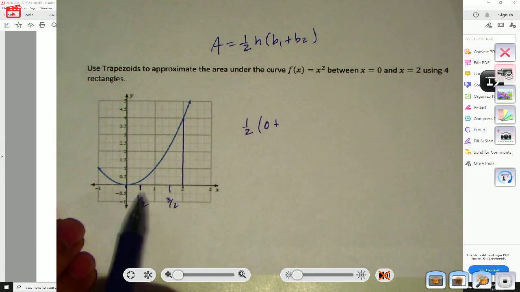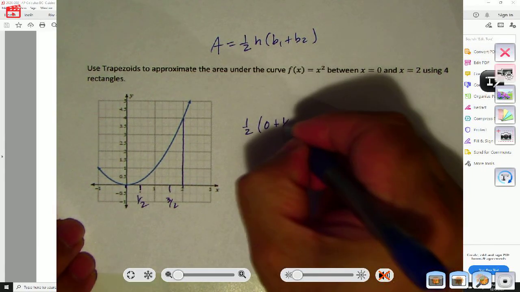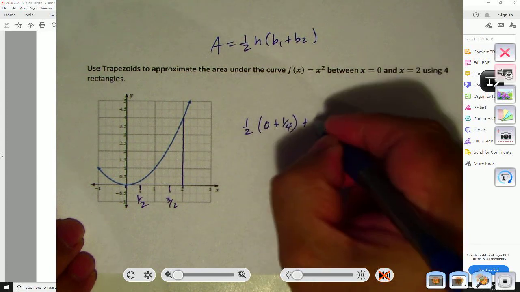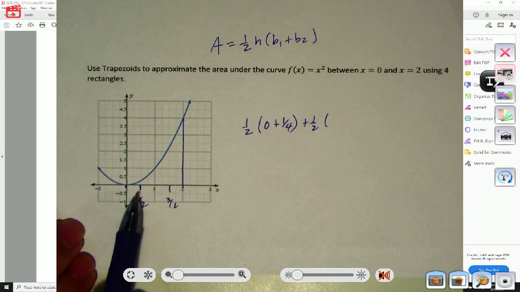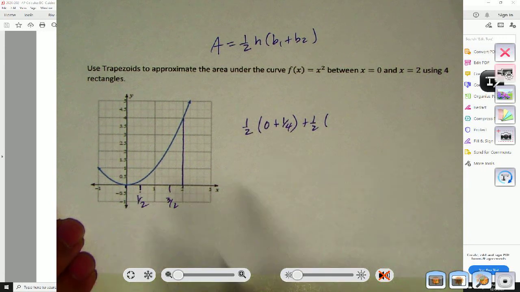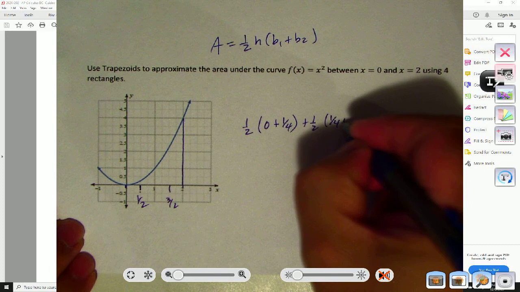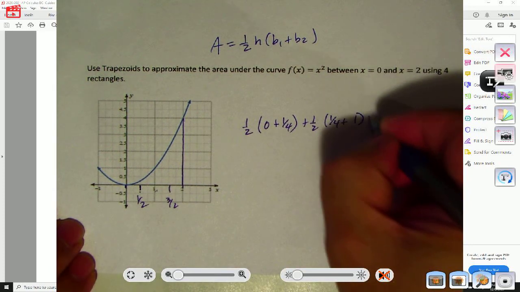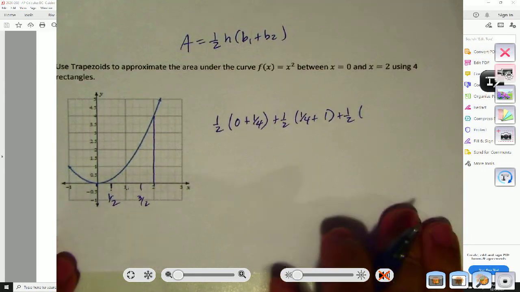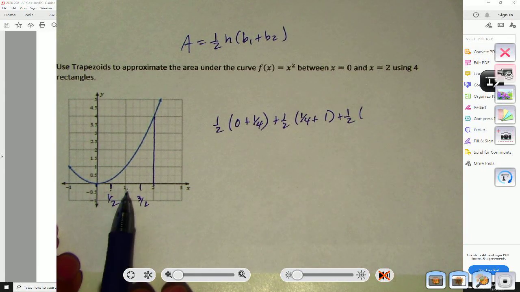I'm plugging in 1/2 and getting 1/4, plus 1/2 times, now I'm using the left endpoint, which is the 1/2, so it's 1/4 again, plus the right endpoint, which is 1. 1 squared is 1, plus 1/2. Remember, each subinterval is 1/2 unit wide.